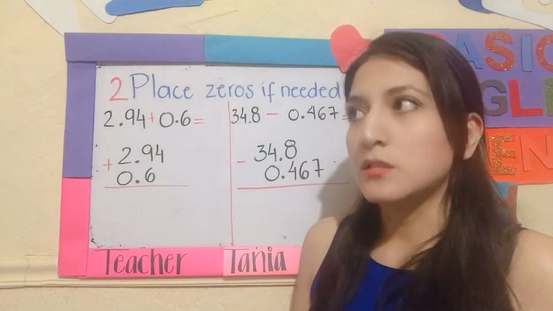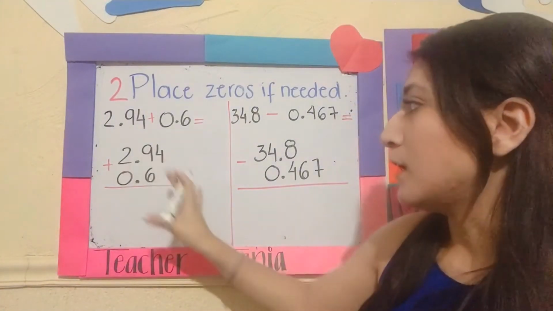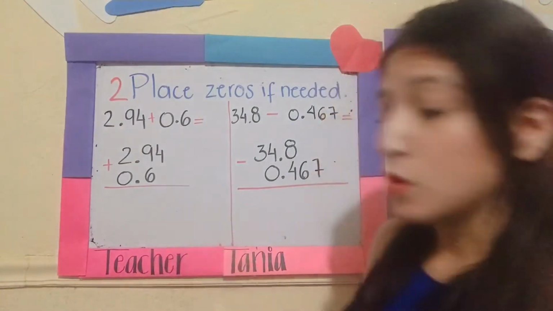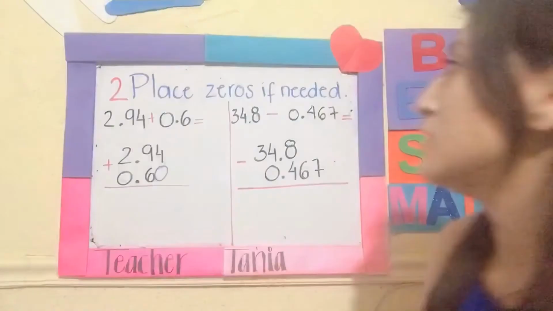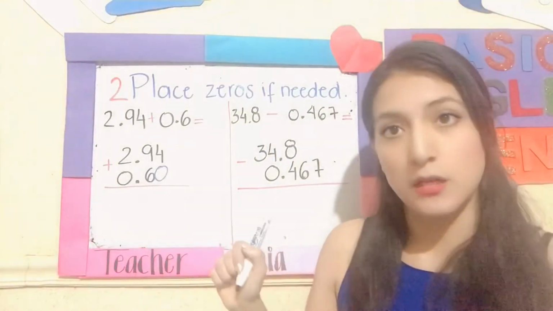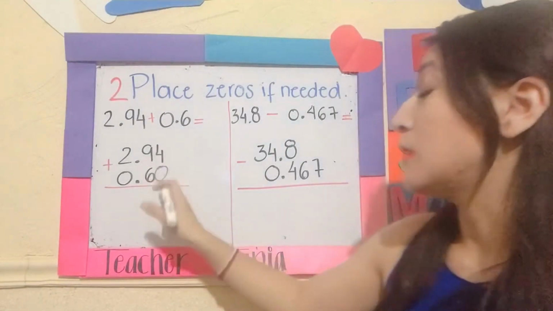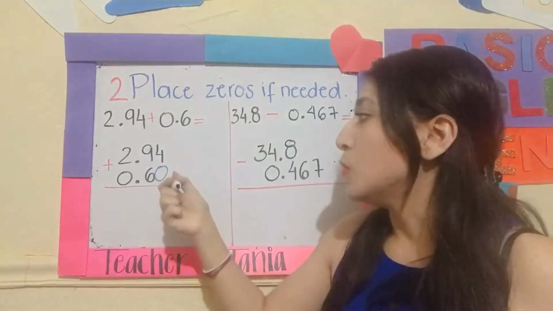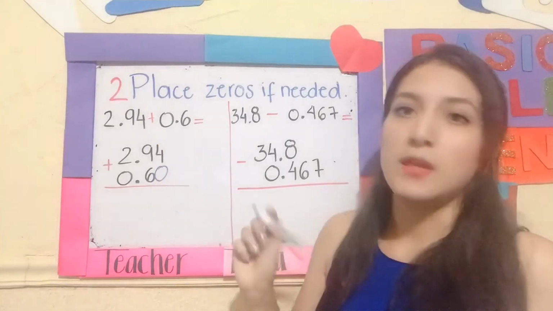That's not a problem, but if you think that it may cause you a problem when solving the operation, you can add the zero. That's why I mentioned in the rule if needed. If you don't need it, you know that you put the number 4 below. But if you get confused, you add the 0 and now you know 4 plus 0 equals 4.